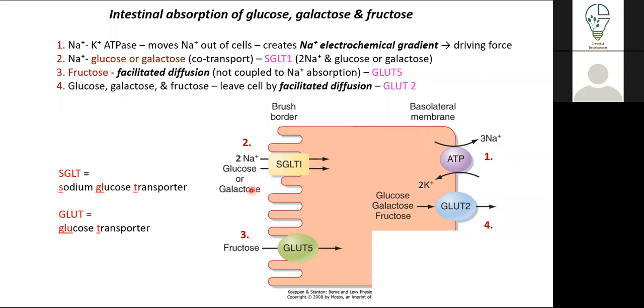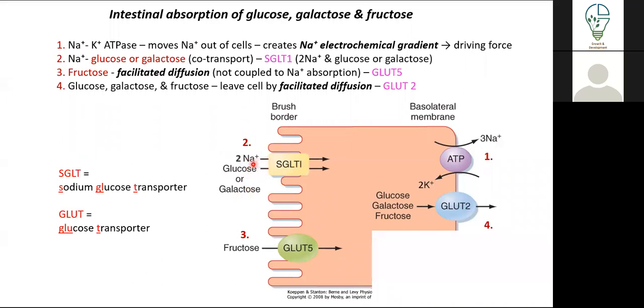It is basically just bringing in sodium, and when the sodium comes in, glucose comes in with it. Basically, sodium opens the gate, and glucose just enters with it. All right, glucose and galactose. So this is how we absorb glucose and galactose via SGLT1, which is a co-transporter of sodium and glucose and galactose.